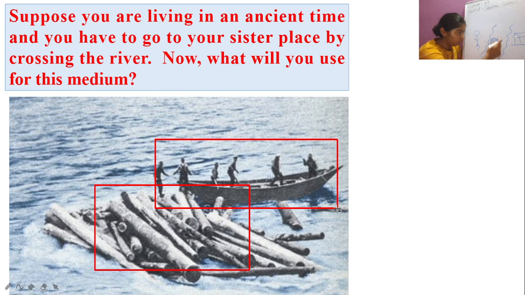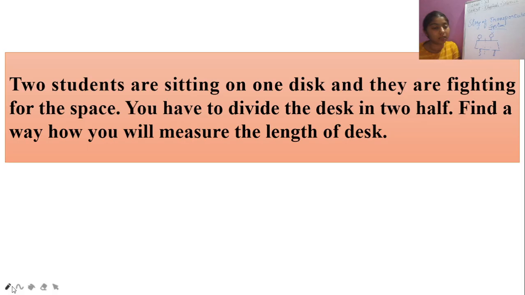Okay, so find the way how you will measure the length of the desk. So you have to divide this desk into half, students. So how do you come to know how much space is required for one person and how much space is required for the other person? So what is the way of dividing this table into 2 halves?